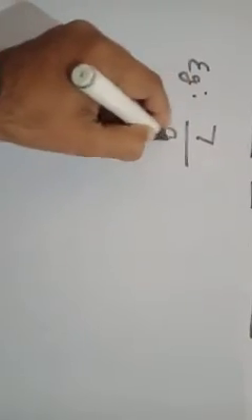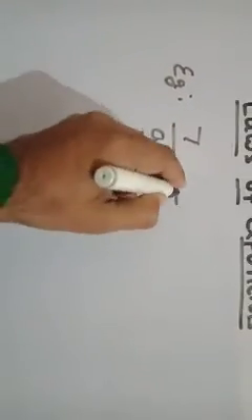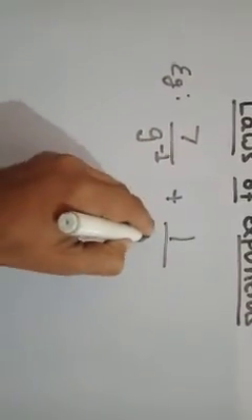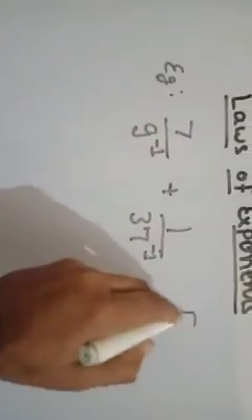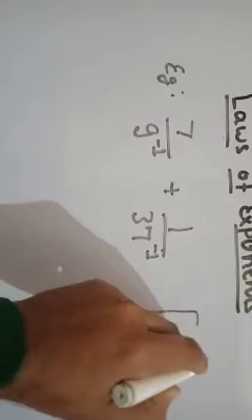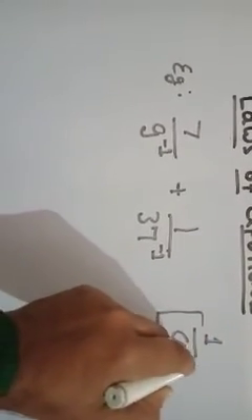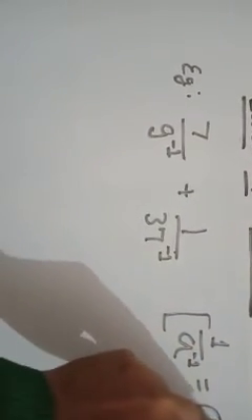7 upon 9 raised to the power minus 1 plus 1 upon 37 raised to the power minus 1. So this is a negative power. 1 upon a power minus 1 is called a power 1.